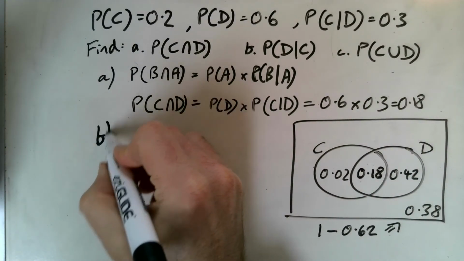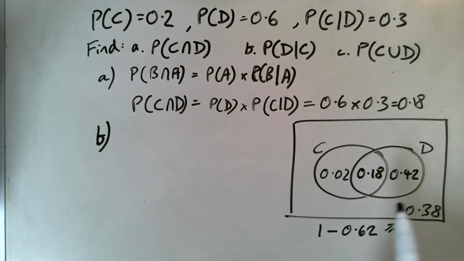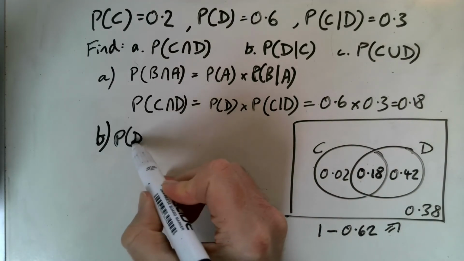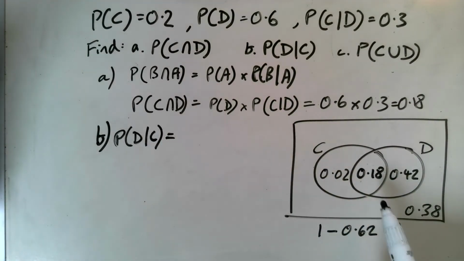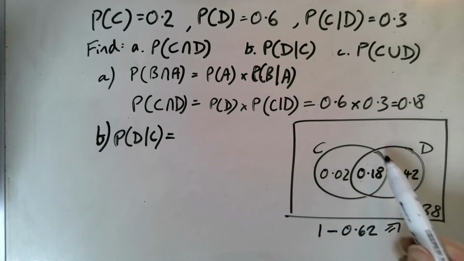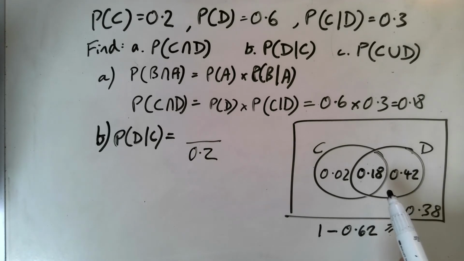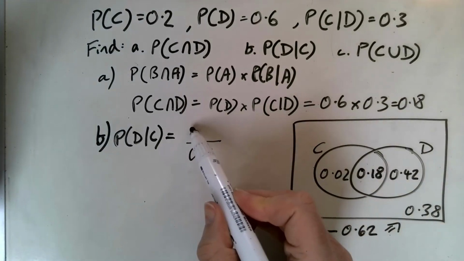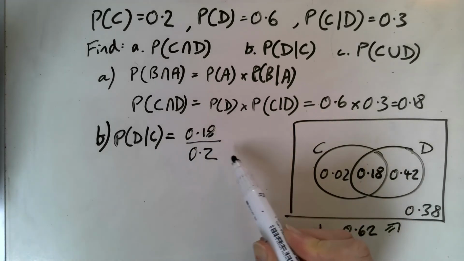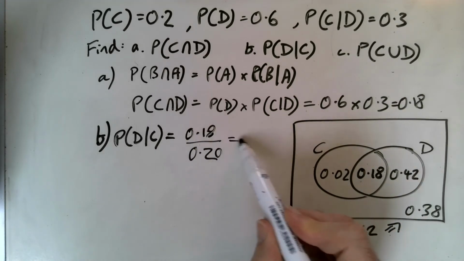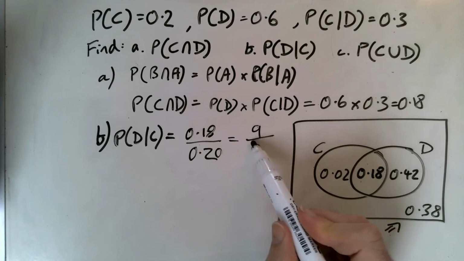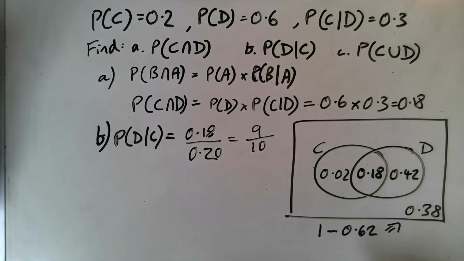Right, now what do I want? The question is saying D given C. So I know that C is 0.2, and, no, that's not what I want. Yes, D given C, it is what I want. Then the chance of getting D within that is 0.18, so it's very likely that you're going to get that. I'll put a little 20 under there to make it easier to call that 9/10 or 0.9.